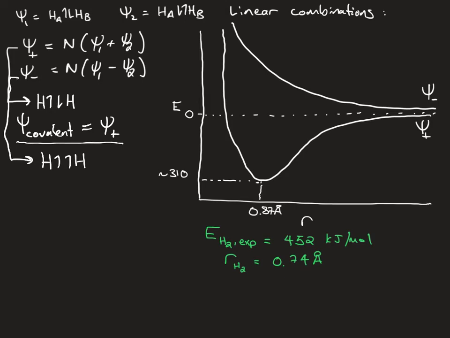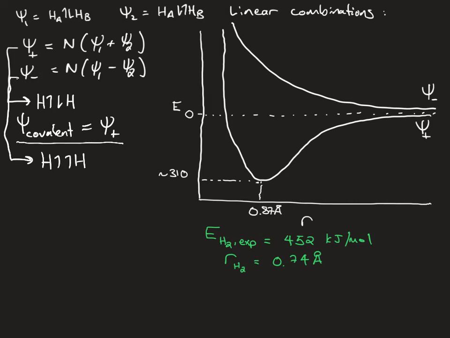Even though the covalent description gives a reasonably close value to what we observe experimentally, we can make improvements on this. And one of the biggest ways we can make improvements is that we don't consider the two electrons to be associated with the nucleus for HA and the nucleus for HB, but instead we can put both electrons associated with HA, or we can associate them with HB.